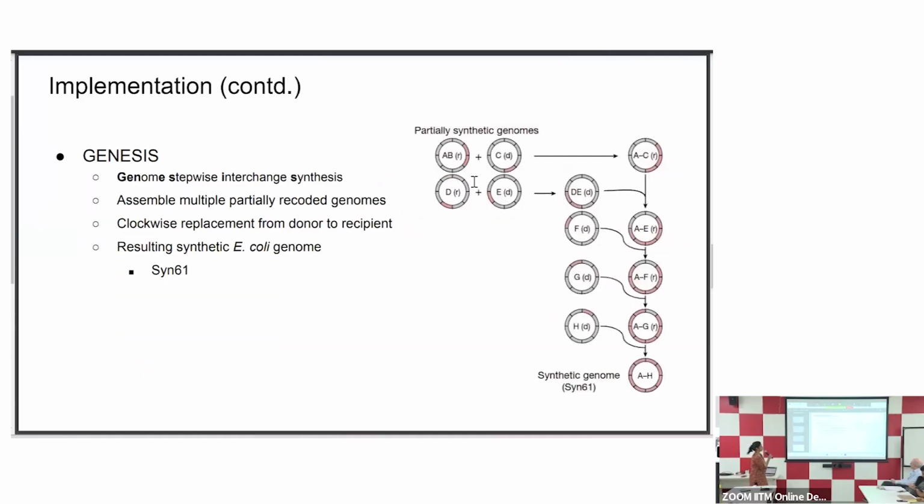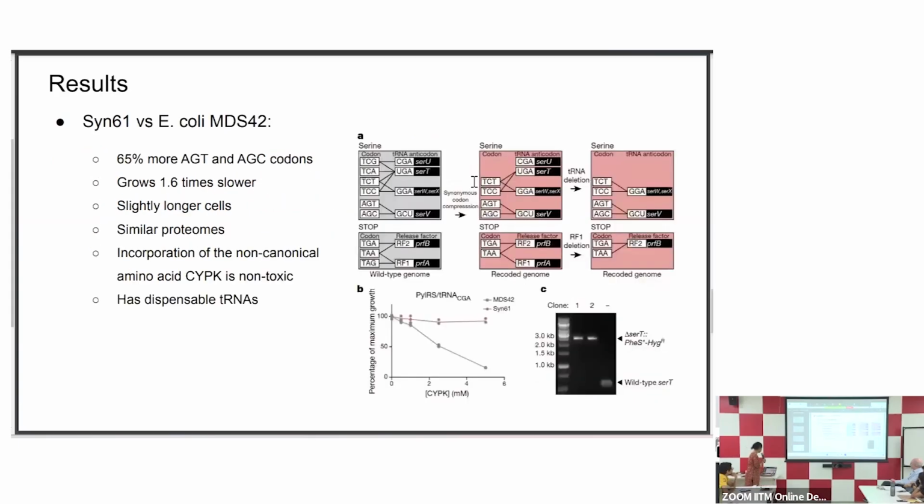And then they have used this method called GENESIS, which is genome stepwise interchange synthesis, where they assemble all the strains together so that, as you can see in the figure, each section is replaced clockwise in subsequent steps from the donor to the recipient. And then finally, after replacing each section, the synthetic genome A to H, all the segments have been replaced by the synthetic part of it. And the resulting genome they have named as SYN61, since it has 61 codons.